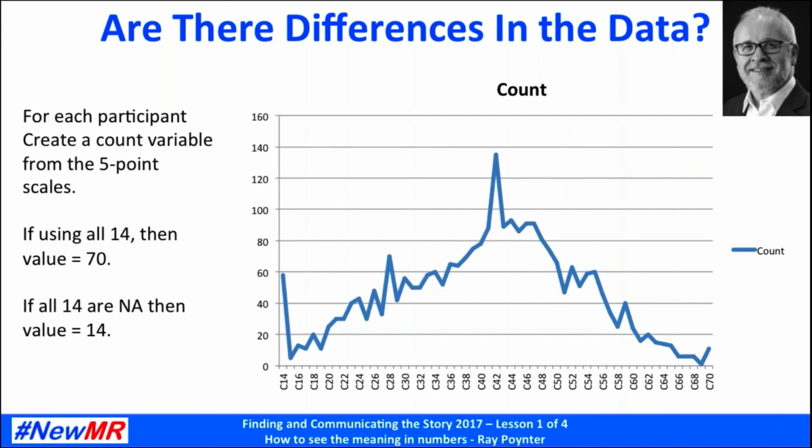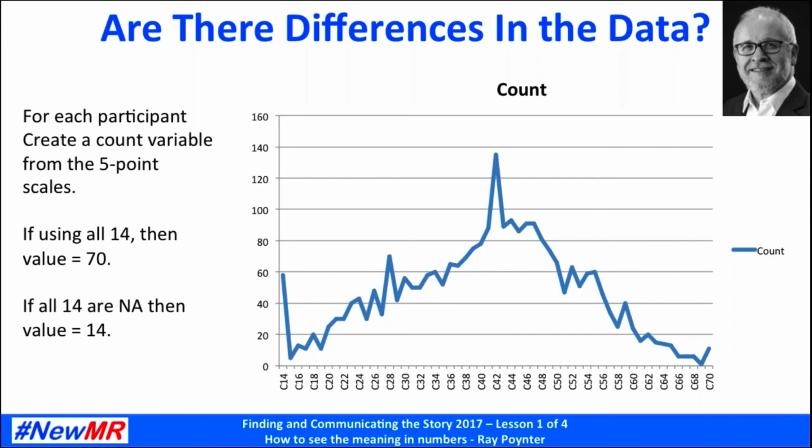And I'll do that for all 2,800 people in the database, and I get a distribution. So what we can see is there are about 60 people who said no to everything. There's about 10 people who said we're scoring everything a 5, and then we get loosely a peaked distribution.